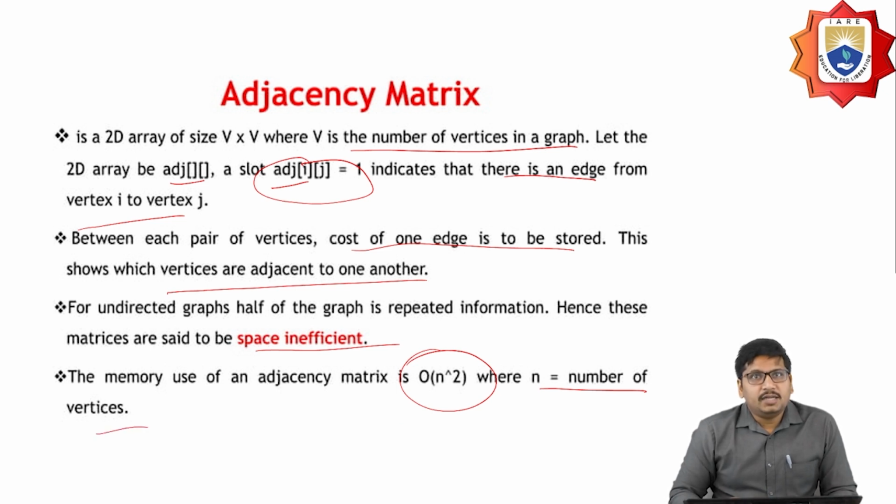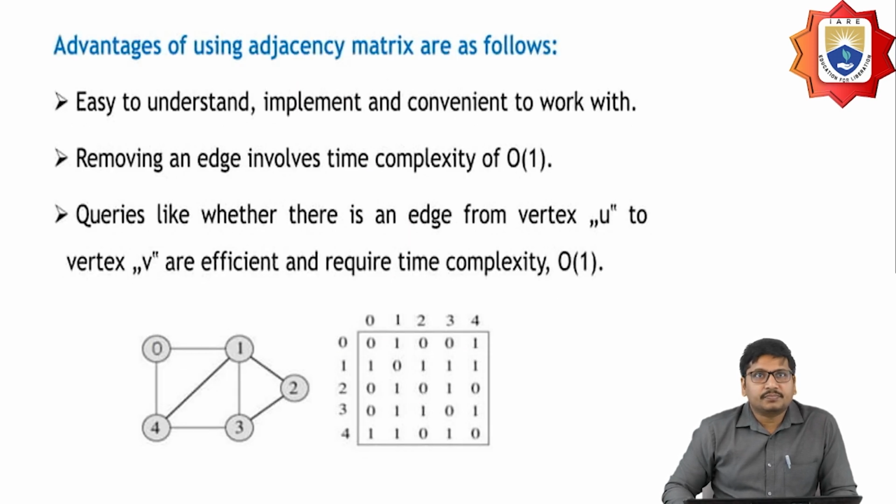So the adjacency matrix is a 2D matrix of size V by V, where V is the number of vertices in the graph, and for each pair of vertices the cost of an edge can also be stored. For an undirected graph, the matrix is space inefficient, with a size of big O of n square, where n is the number of vertices.